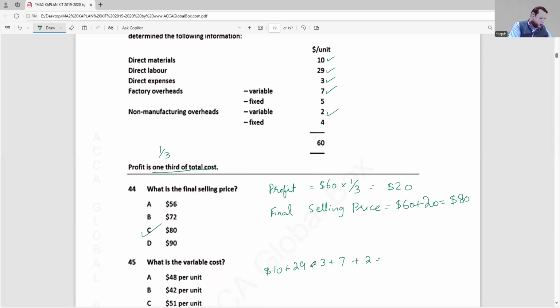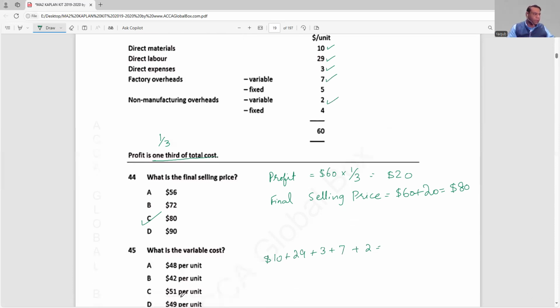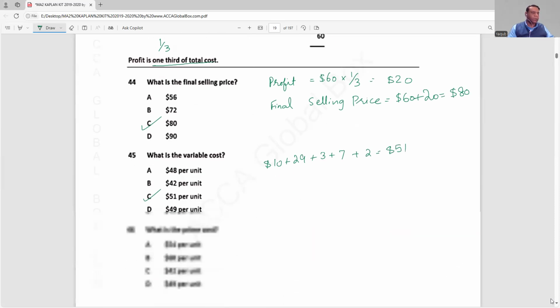So we have, do we have 51? Yes, we have 51. 51 is the variable cost per unit.